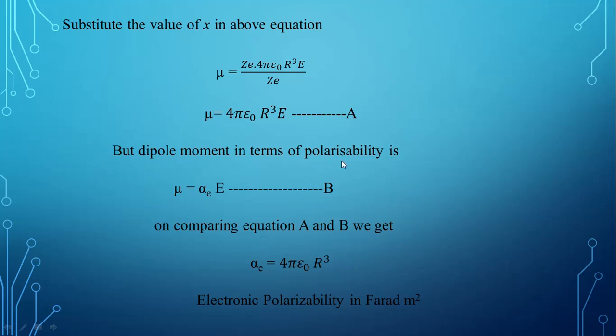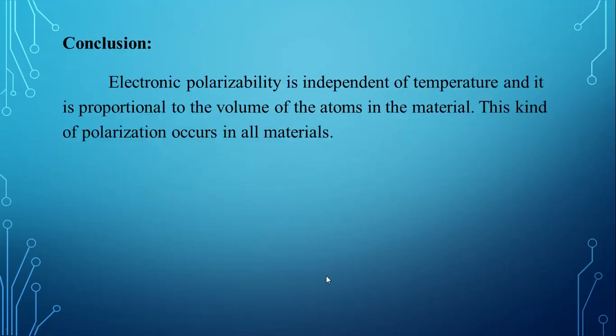But the dipole moment in terms of polarizability, we can write mu equal to alpha E into capital E. This is equation B. Here E is the applied electric field, and alpha suffix E represents the electronic polarizability. Comparing these two equations A and B, we get the electronic polarizability alpha E equal to 4 pi epsilon naught r cube.